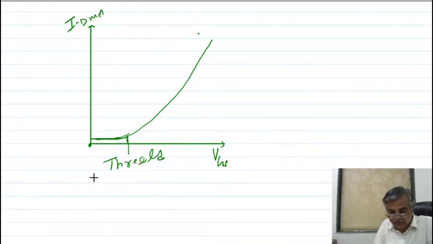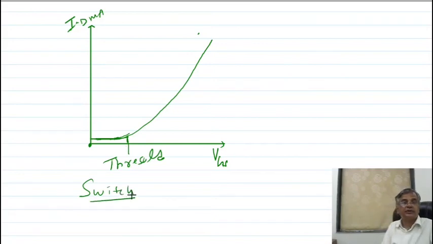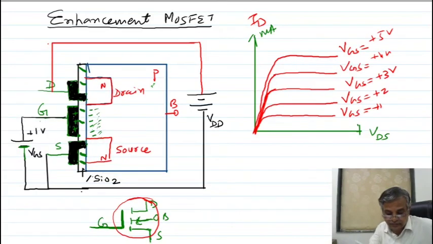So this is used in switching applications. The enhancement MOSFET can be used as a switch. When VGS is 0, current does not flow, output is high. When VGS is 5 volt, current will flow, output is low.